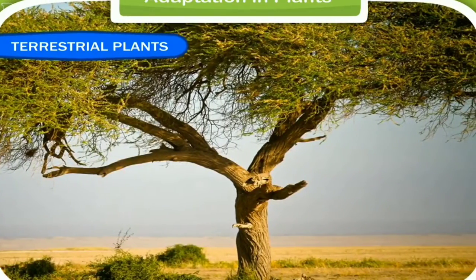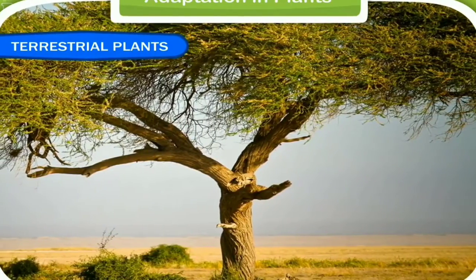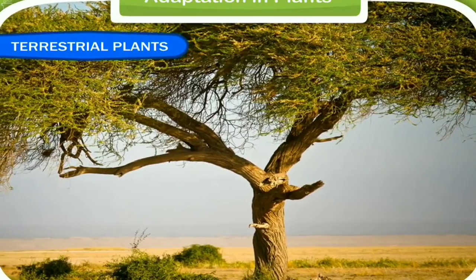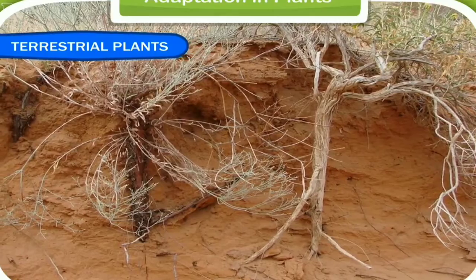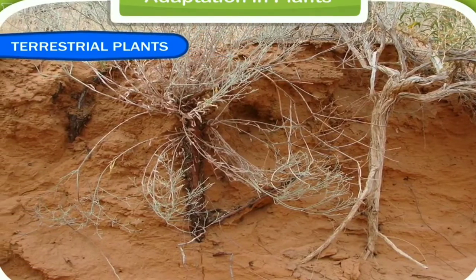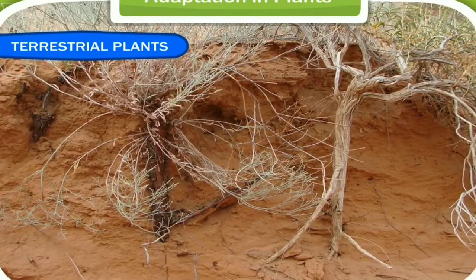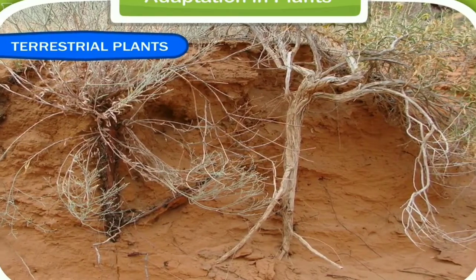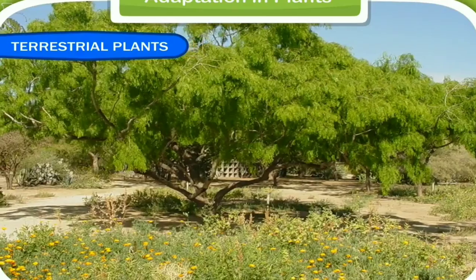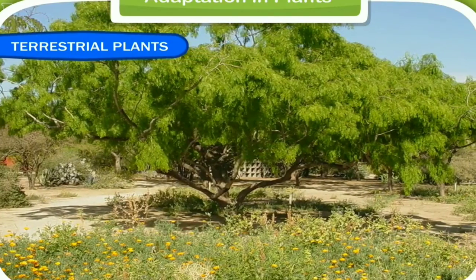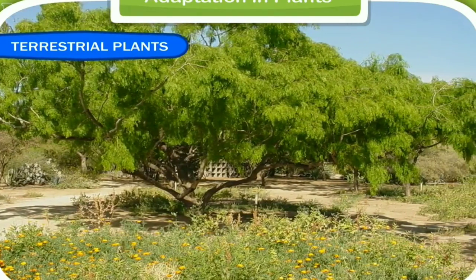Acacia plant has small leaves that have less exposed surface area and reduce water loss. The roots of desert plants are able to absorb even very small quantities of available water. The roots of plants such as mesquite bush can grow 20 meters down to reach water.